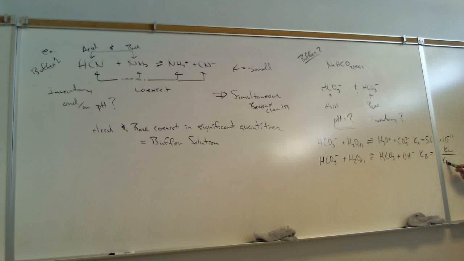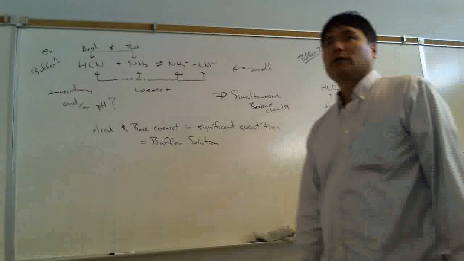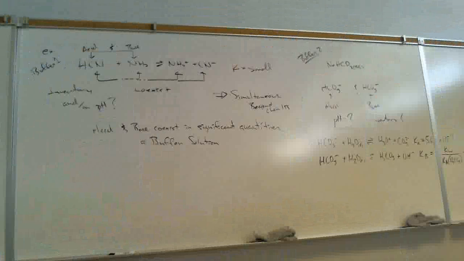Ka for bicarbonate or Ka for carbonic acid? And so using the chart value, there's 1.0 times 10 to the minus 14 divided by the Ka for carbonic acid, which is 4.3 times 10 to the minus 7.